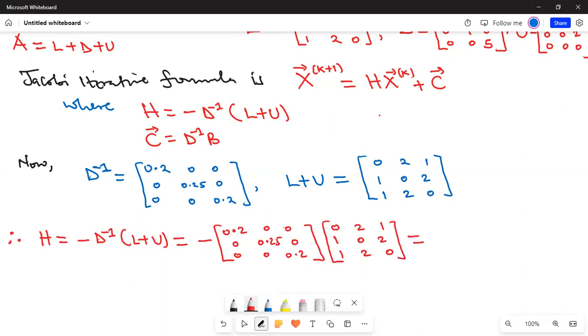When you work out, you need to get 0, negative 0.4, negative 0.2. Second row, we need to get negative 0.25, 0, negative 0.5. Third row, negative 0.2, negative 0.4, and 0. So that's our H.